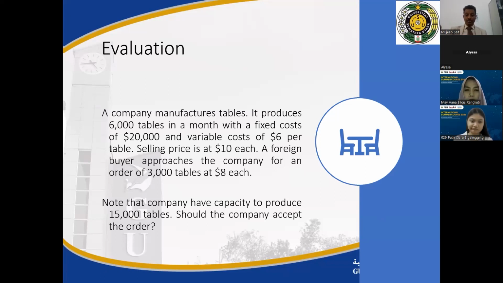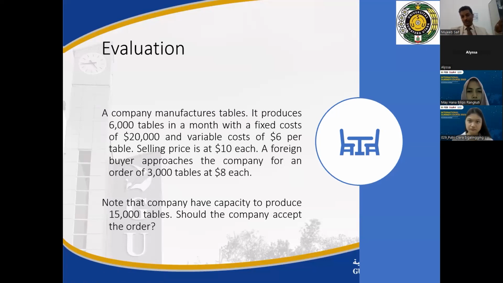There is one customer who wants to purchase 3,000 tables, but what is the issue? This customer will pay us only $8. Our normal price is $10, so he will pay $8 instead of $10.